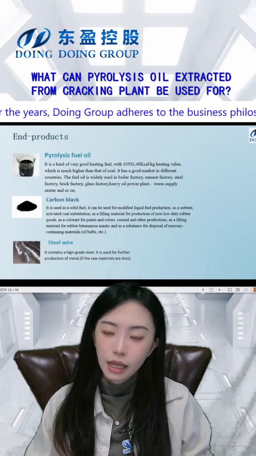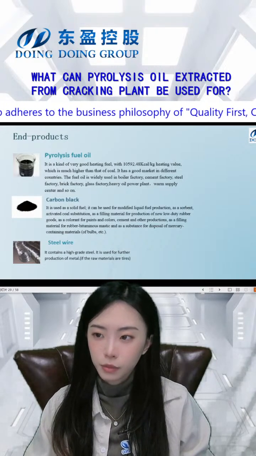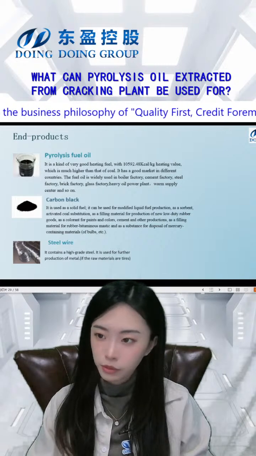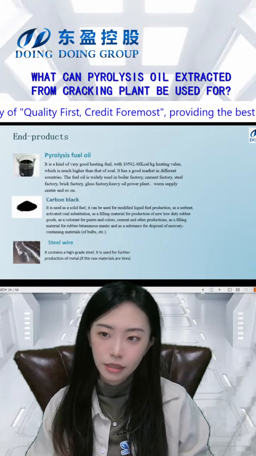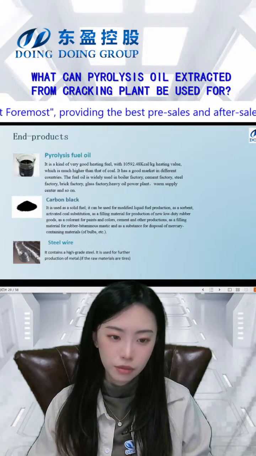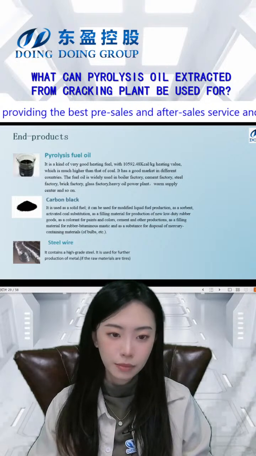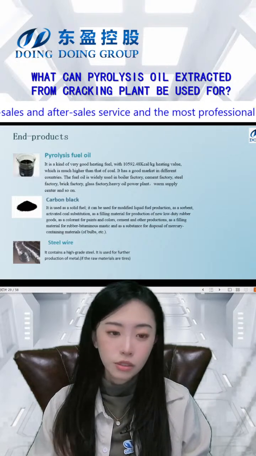Also, it is used as a filling material of rubber, bituminous, mastic, and as a substance for the deposit of condensating materials. This is the way that we can use the carbon black in several ways. And the steel wire.